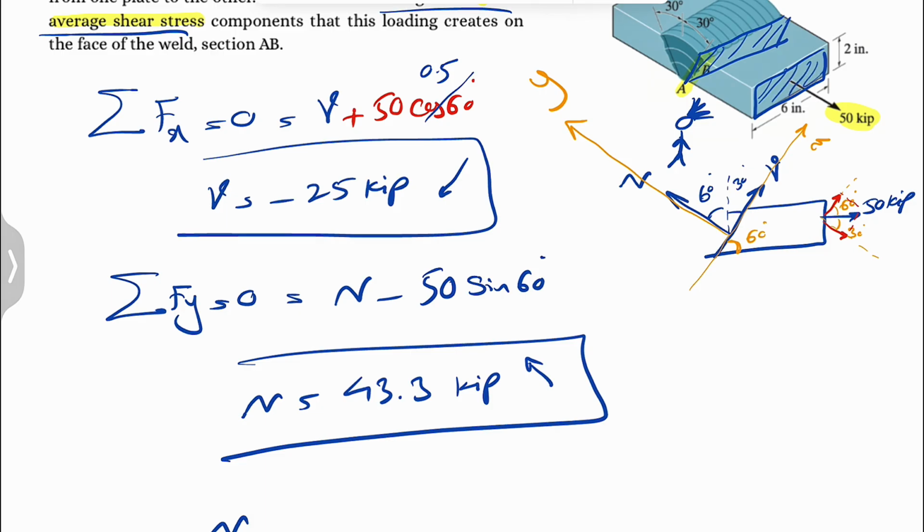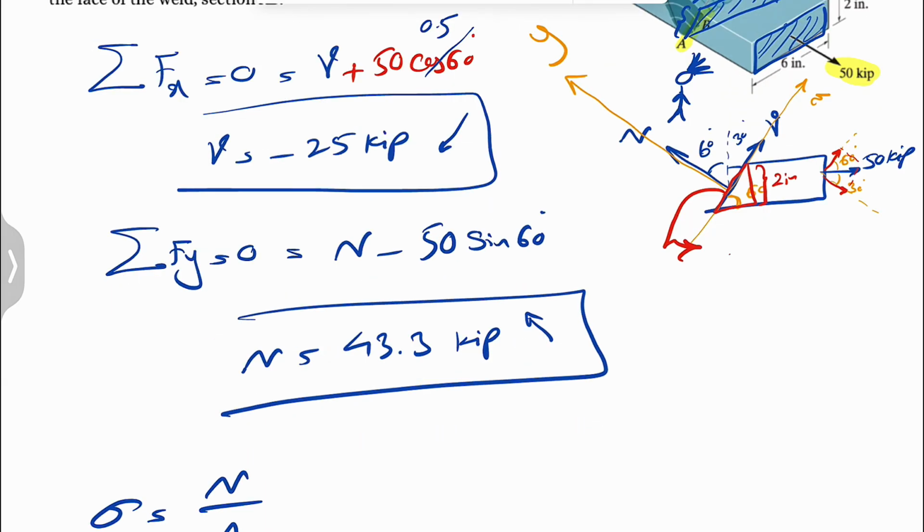And how we're going to find it, basically we have the area of the rectangle where this side is 6 inches, but we have to find the other side. And for finding that side, we can just do a right triangle here where this side is 2 inches and this angle is 60. So finding that side is pretty easy. Basically we can use the sine of 60 degrees, which is the opposite, 2 inches, over the hypotenuse.